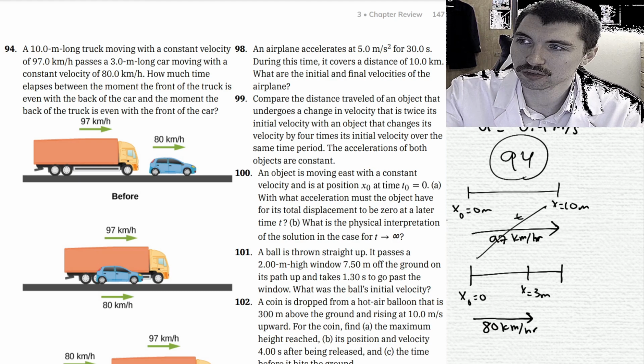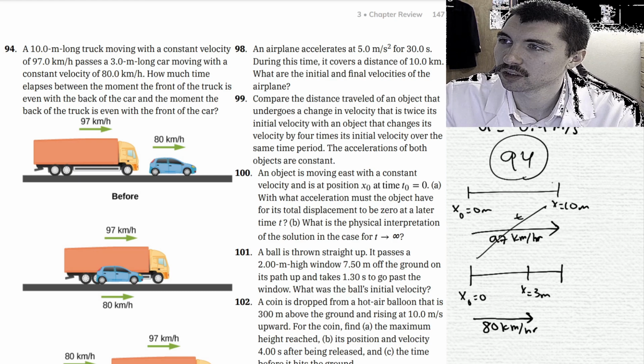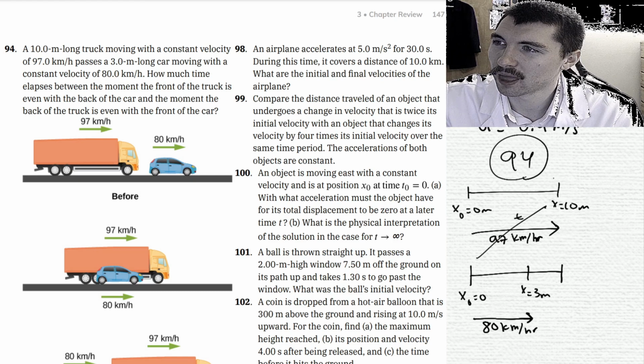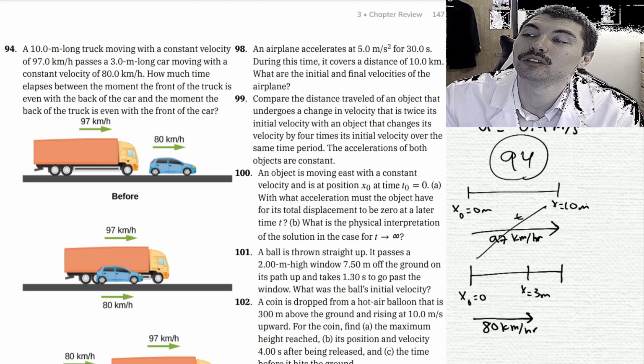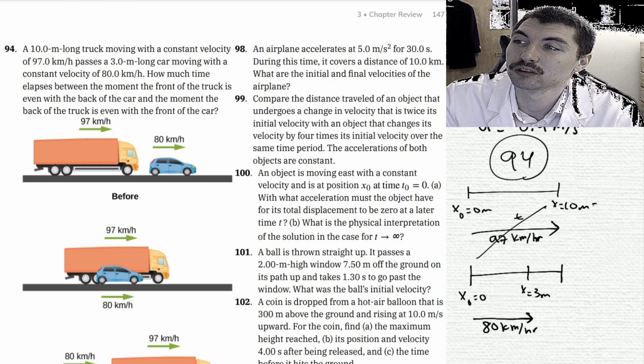Okay, so first we need to convert the lengths to kilometers. So take 10 meters times how many meters are in a kilometer. It's about 1,000 meters.